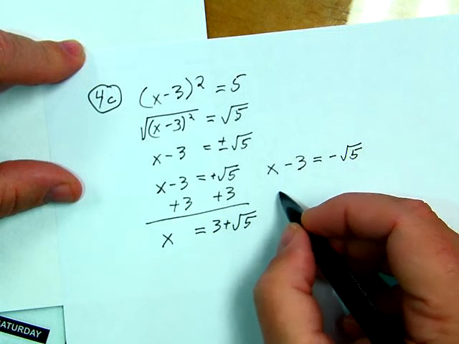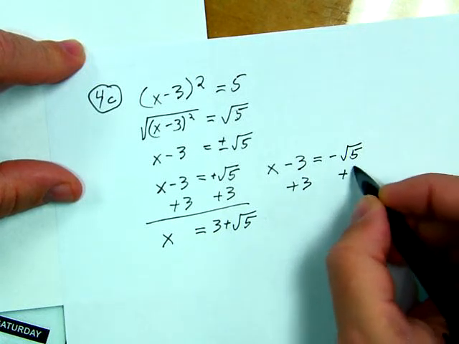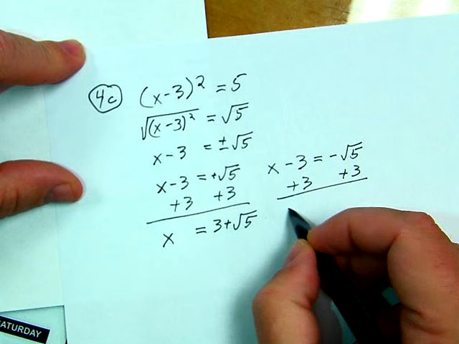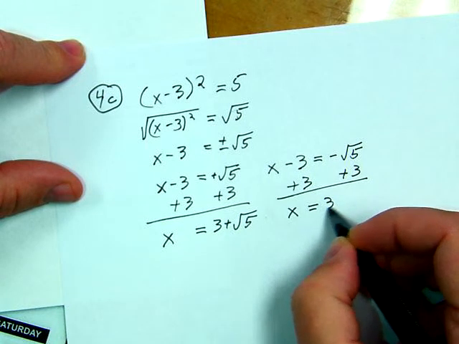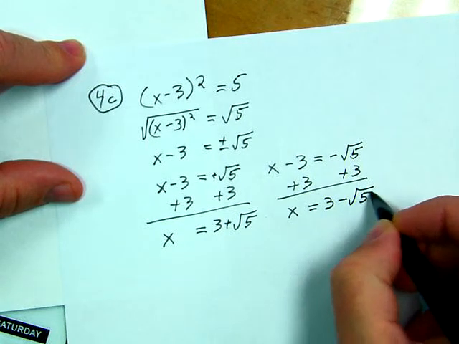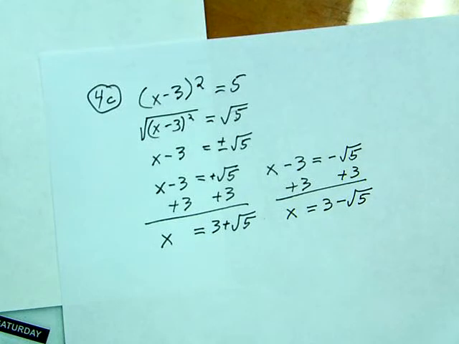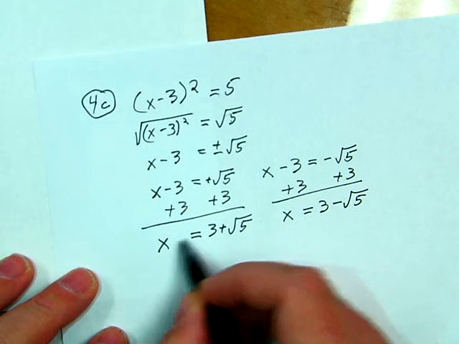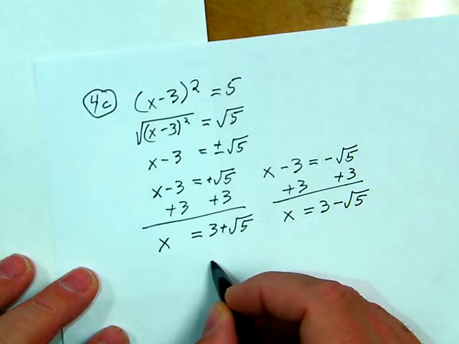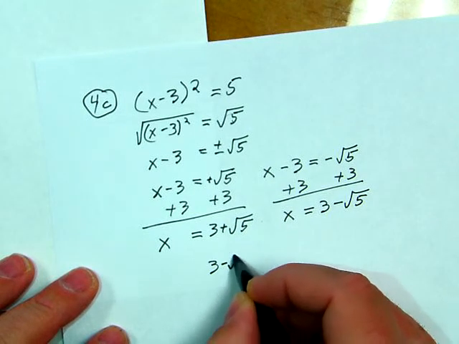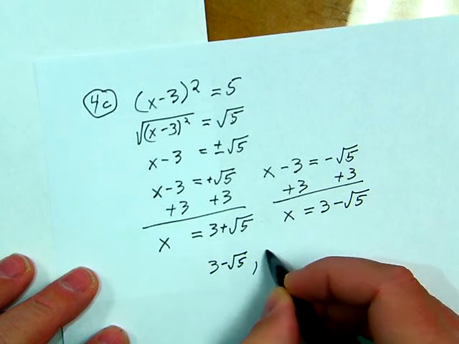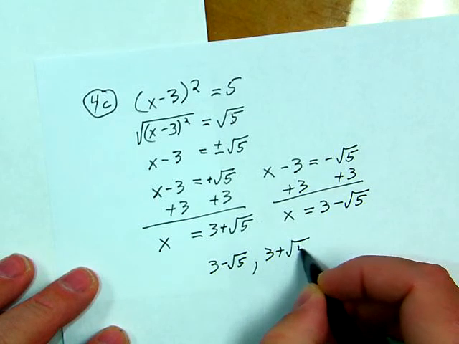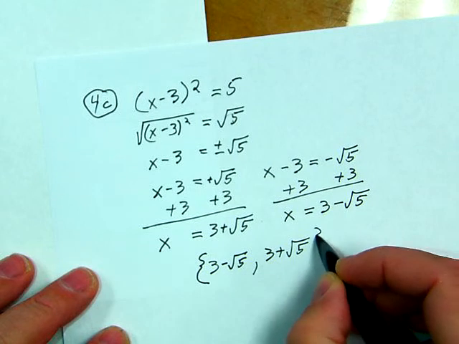And here I would add 3 to both sides. x equals 3 minus the square root of 5. I could use my calculator to calculate that, or I could leave it in these terms, and my solution set would then be 3 minus the square root of 5, comma, 3 plus the square root of 5. And there is my answer.